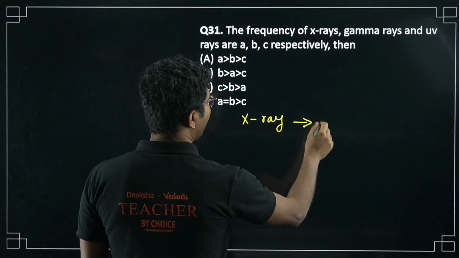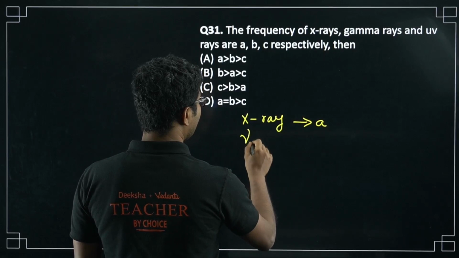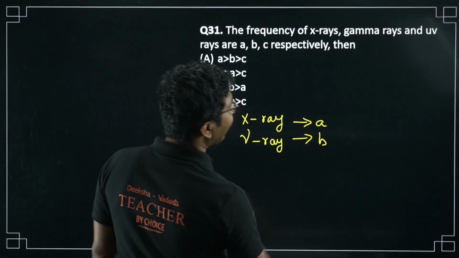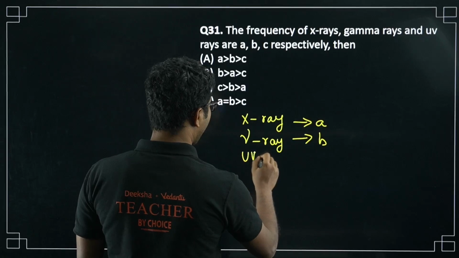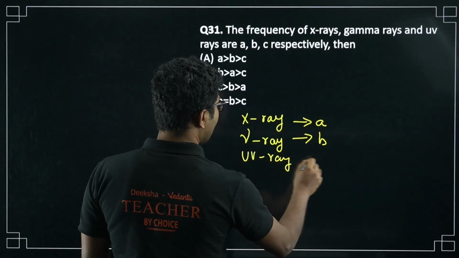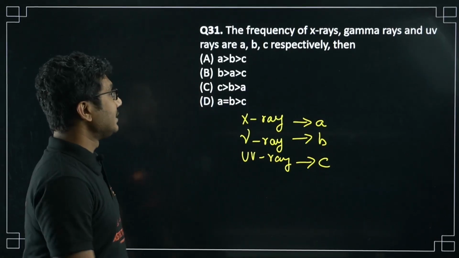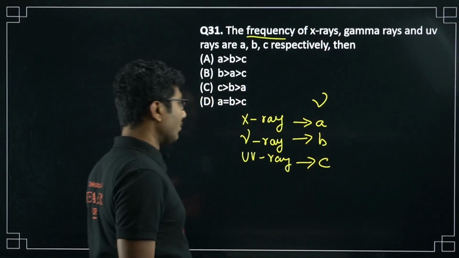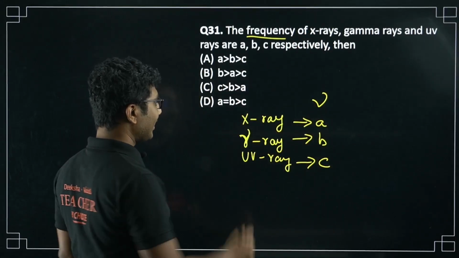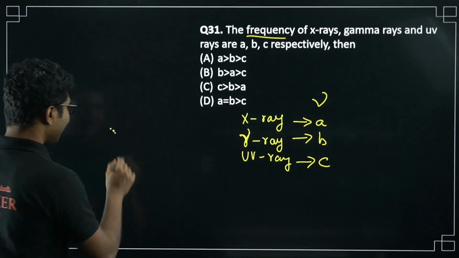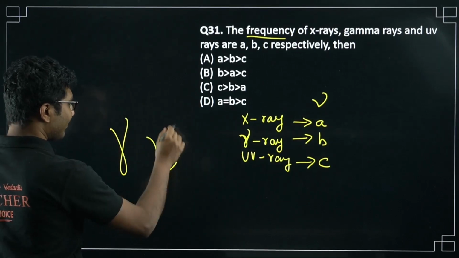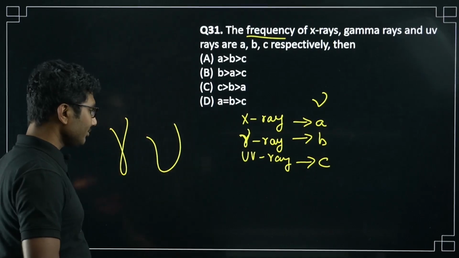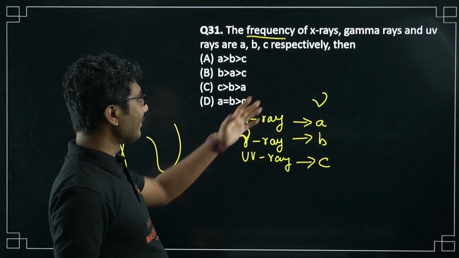X-ray is A, gamma ray is B, and UV rays C. Now this is all frequency nu, this is gamma. Gamma has a loop in the leg. Okay, this is gamma, this is frequency. Even though they look like same, they are not same. So now frequency is A, B, C.